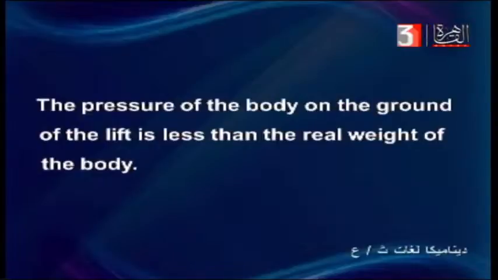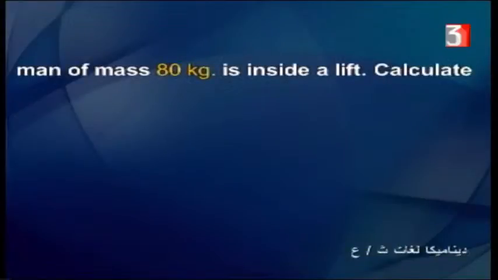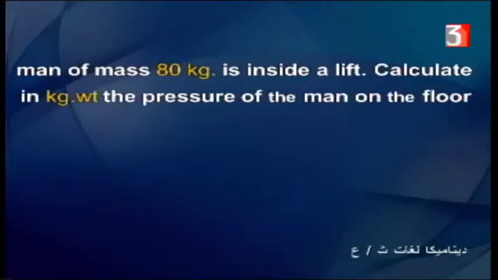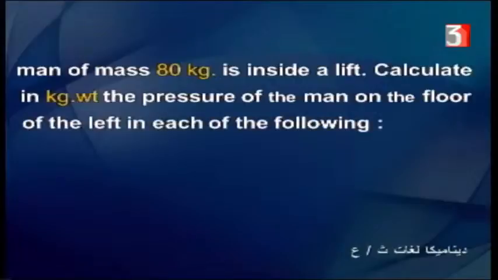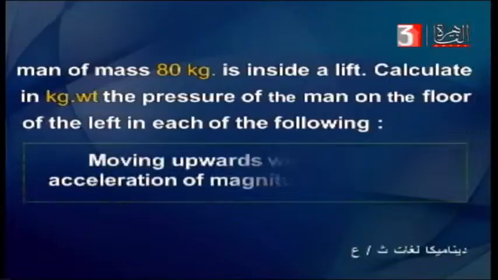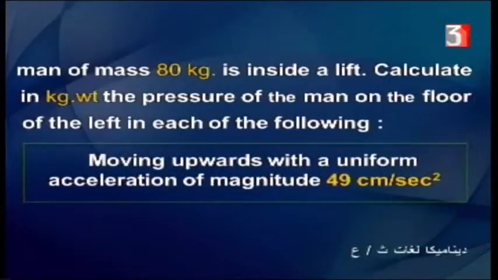Now let's start with the first example. A man of mass 80 kilogram is inside a lift. Calculate in kilogram weight the pressure of the man on the floor of the lift in each of the following cases. Number 1, moving upwards with uniform acceleration of magnitude 49 centimeter per second squared.